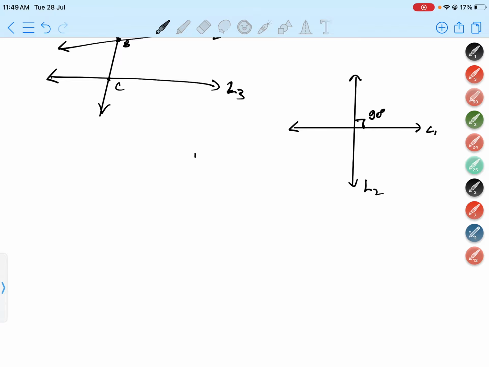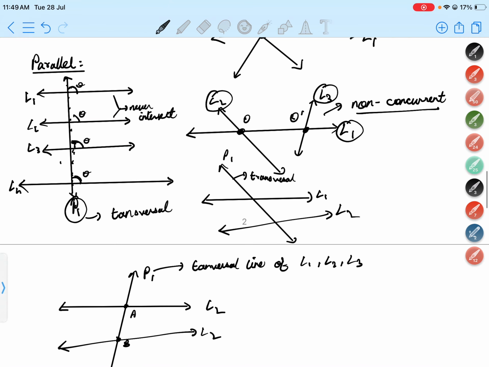So L1 and L2 are perpendicular to each other, and we use the symbol L1 perpendicular to L2. Similarly, for parallel lines, since all of these L1, L2, L3 and L4 are parallel to each other, we can say L1 parallel to L2, parallel to L3, parallel to L4.